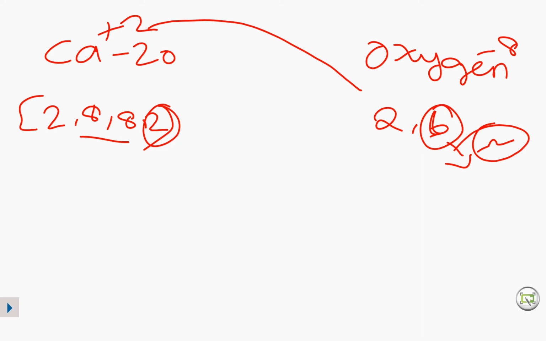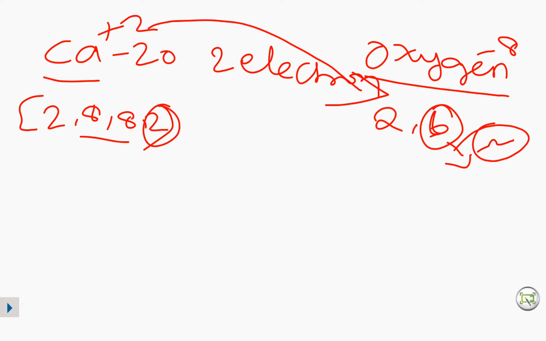So 2 electrons will be transferred from calcium to oxygen. By losing 2 electrons calcium becomes an octet, and by gaining 2 electrons oxygen also becomes an octet. So the compound calcium oxide is formed.